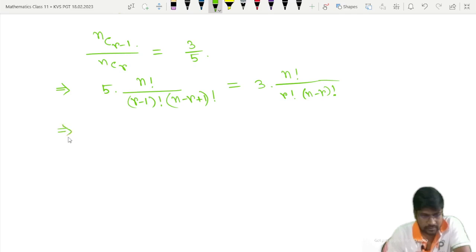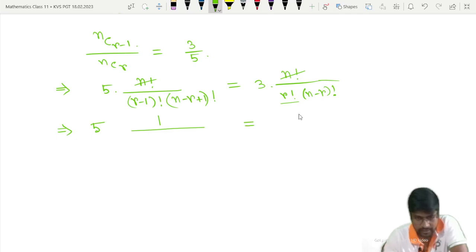Then again 5 into n factorial will be cancelled. Now these are factorial, I can write r into r minus 1 factorial, and r minus 1 factorial will be cancelled.